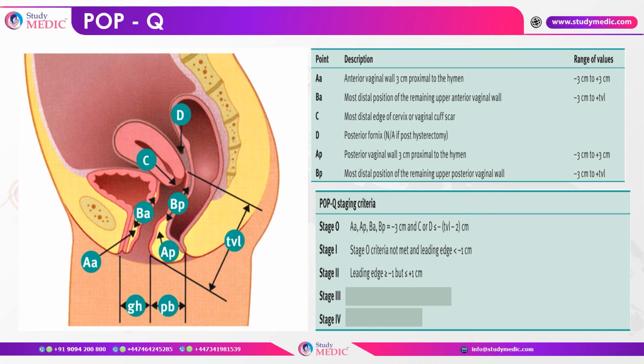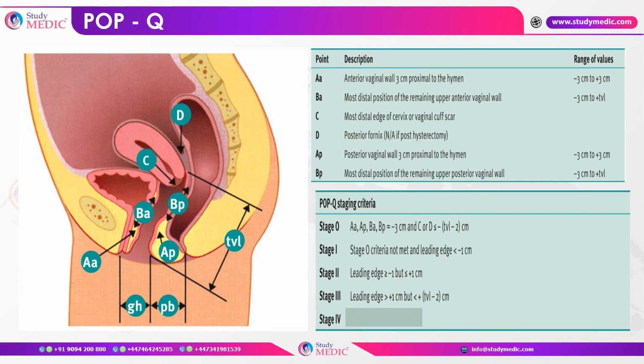Normally the position is -3. It has moved down. Okay. It is say -1 or it could be 0, but it is not more than +1. So +1 is when it has come out of the hymen. Stage 3 is when the leading edge is more than 1 centimeter, but it is less than the total vaginal length -2 centimeters.